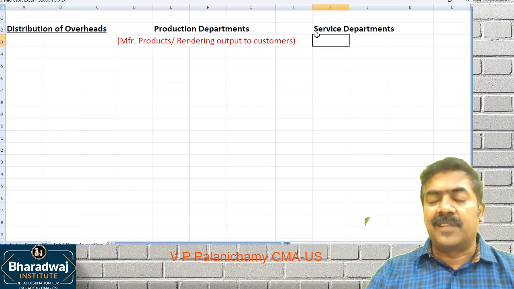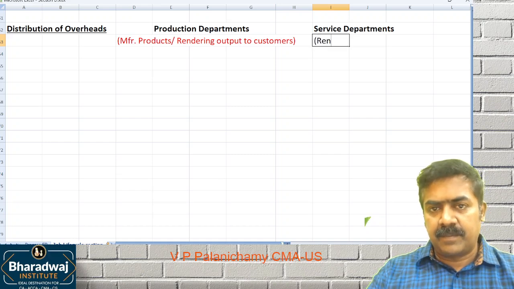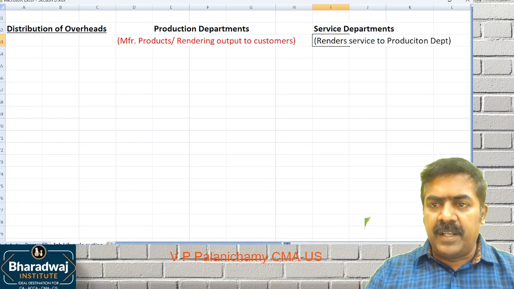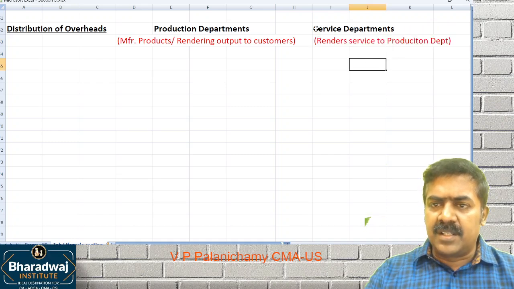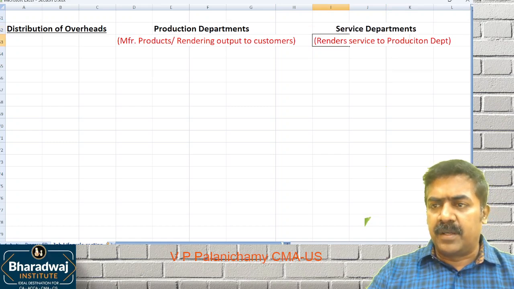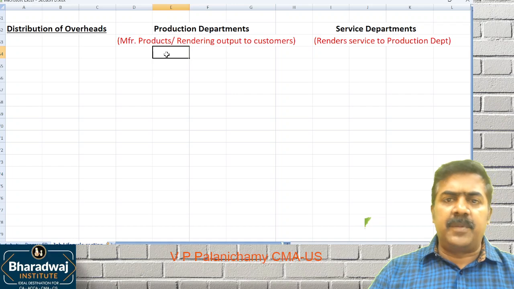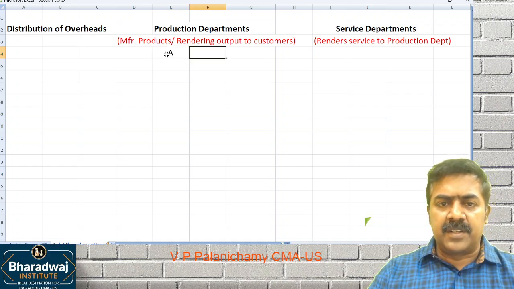That is not rendering service to customers. Please remember, service departments do not render service to customers. Service departments render service to which department? Production department. Okay, let's assume in a company there are three production departments, A, B, C, like that.